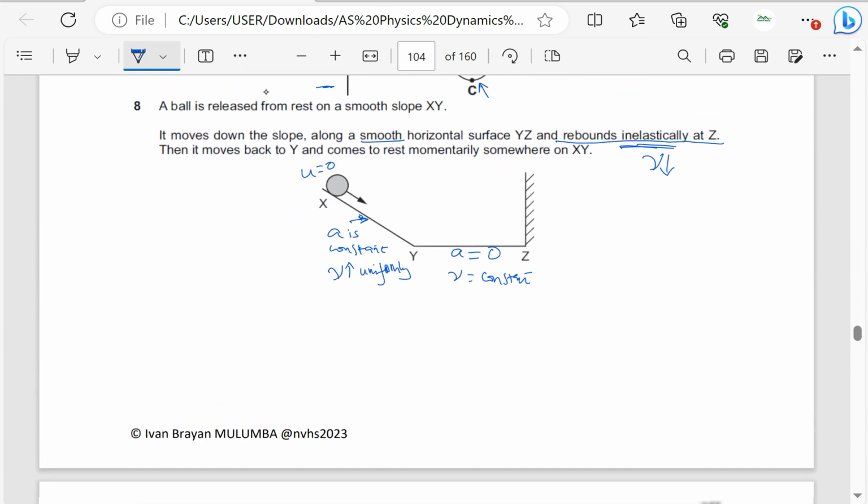And of course, since the surface is smooth, V is going to be smaller, but will be constant. It decreases, but to a constant value, because this part is horizontal. V will decrease, but to a constant value.